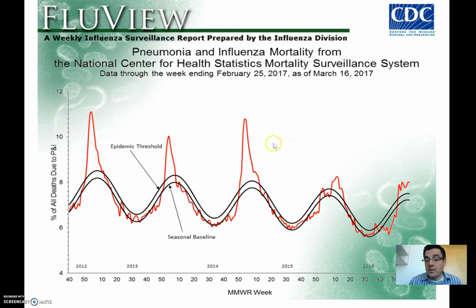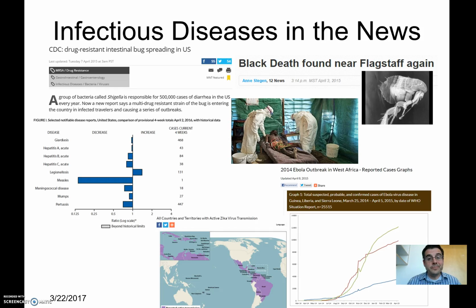Now, it doesn't peak like we saw back in 2014-15, and that has a lot to do with the vaccine not being all that effectively matched to what was actually being transmitted within the population.